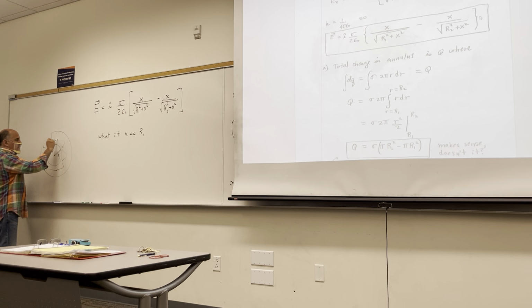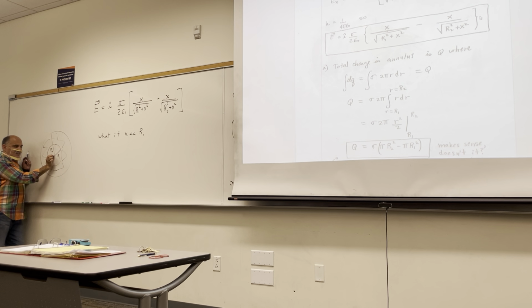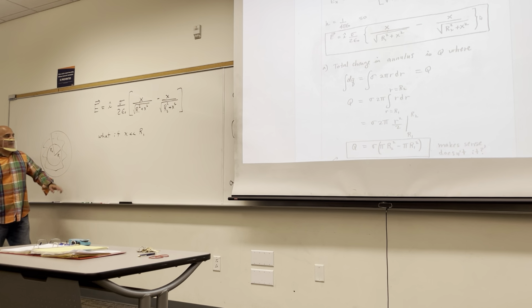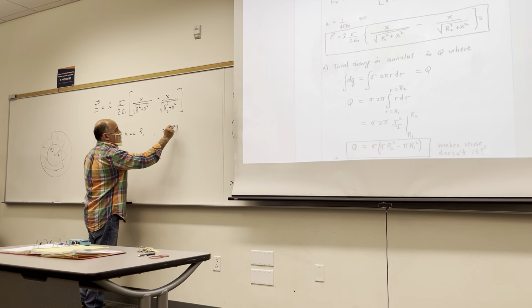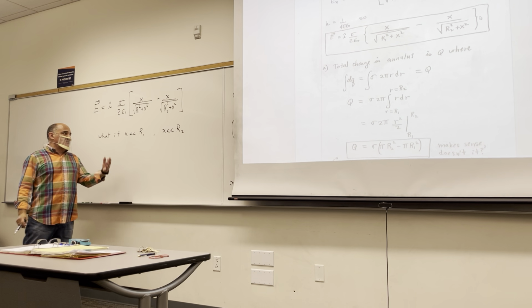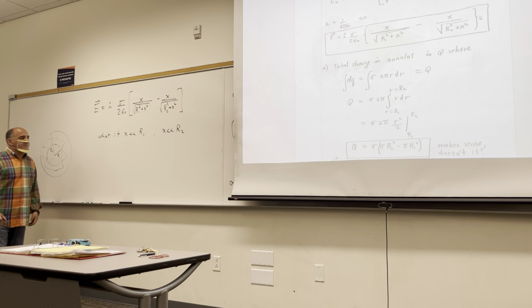So if you are a little bit off from the center, a distance x, and that distance is small compared to this radius, it's definitely going to be small compared to the bigger radius. Obviously x is also going to be much less than R2 because R1 is less than R2.